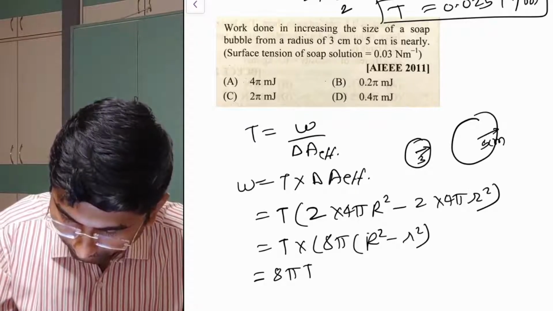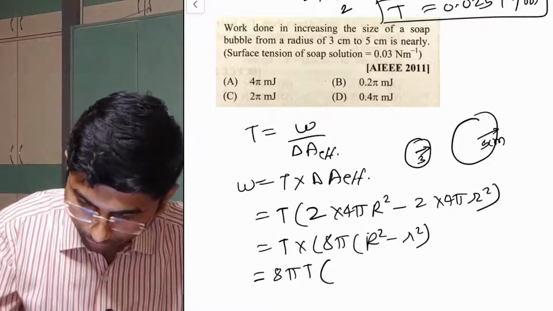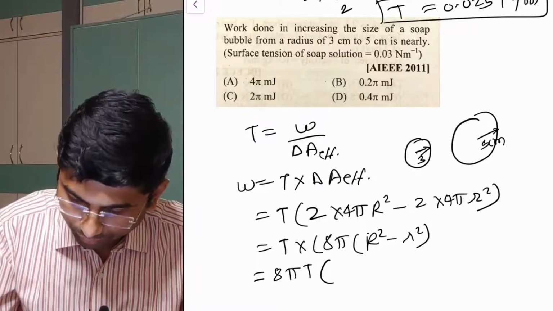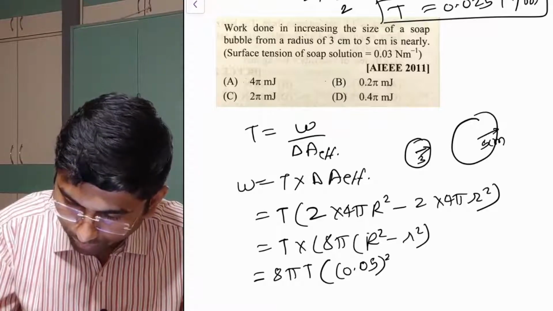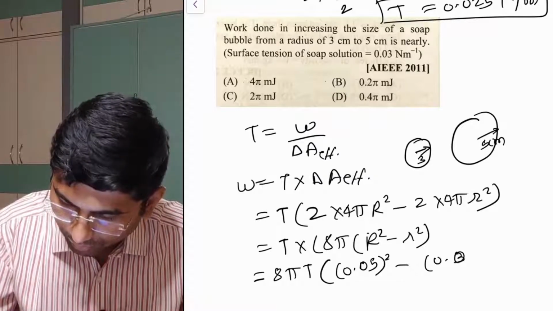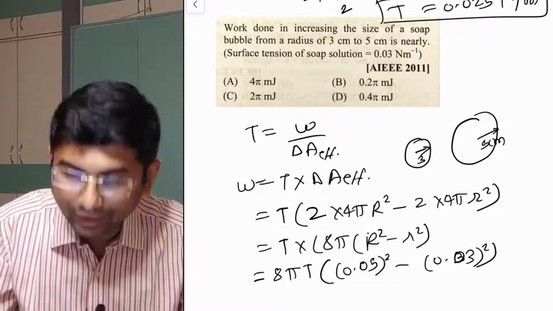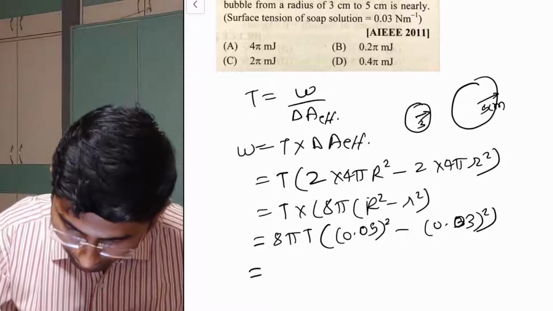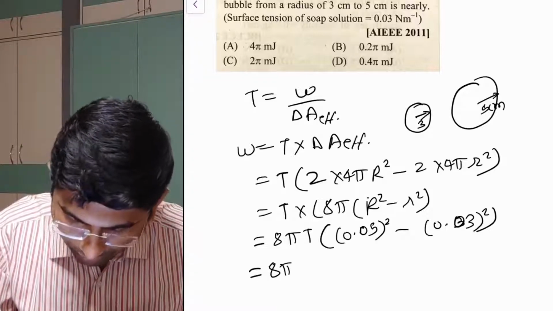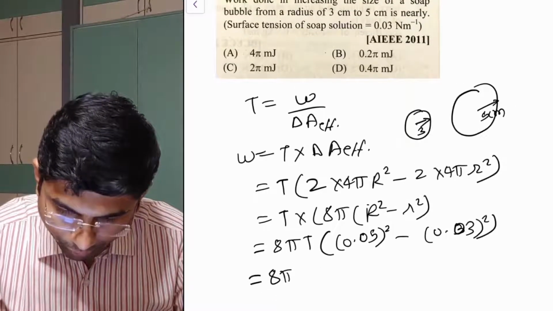8 pi T. Now the value of R square and r square is already known to us. The final value is 0.05 whole square minus 0.03 whole square. I have converted centimeters into meters, and then the value will be 8 pi, T value is already given to us.